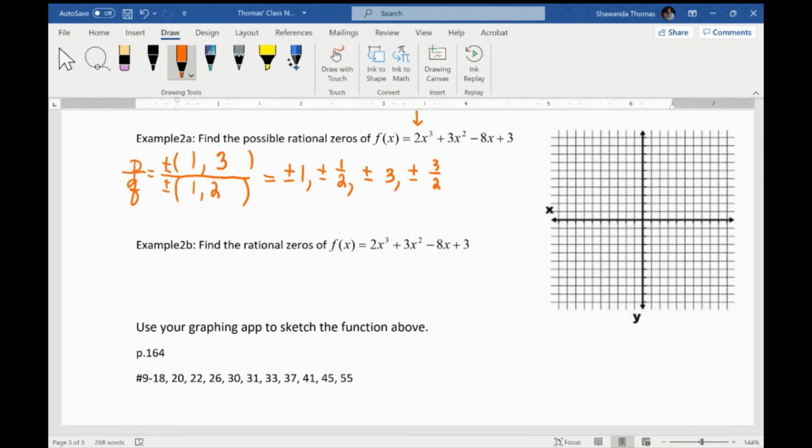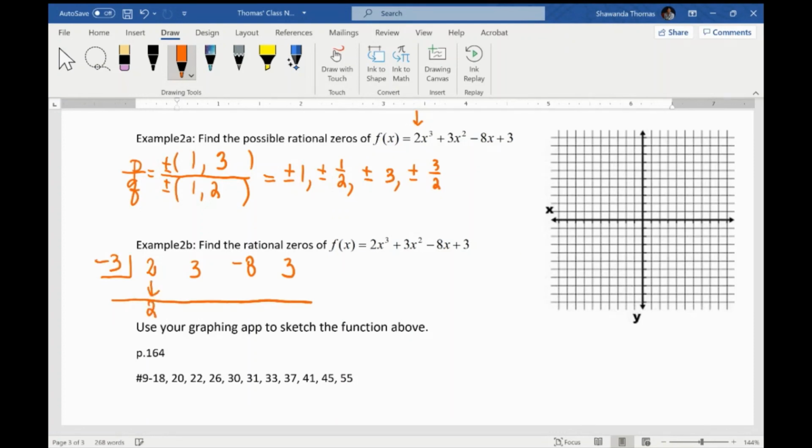I want you to graph it, and I want you to determine what number will probably definitely work for this. -3. All right, let's see.